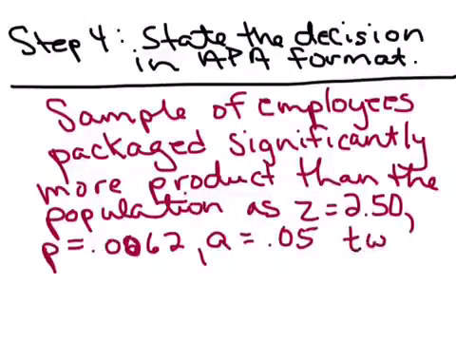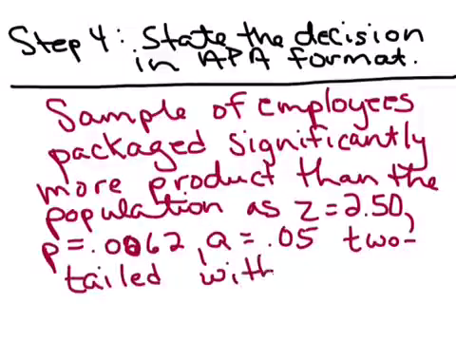Now it's two-tailed, with d equaling 0.63. Everything's the same except for now you're stating your test is two-tailed. That's key. It's really the only thing that changes. And it's very important that your APA format stays in this format specifically.